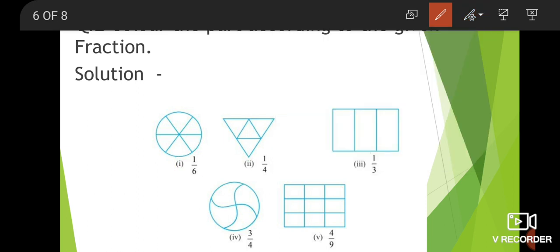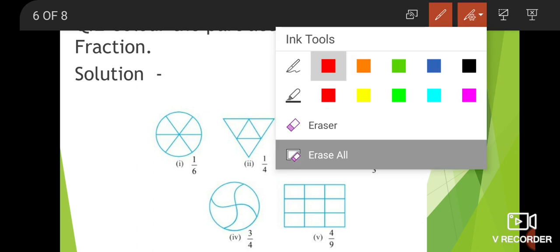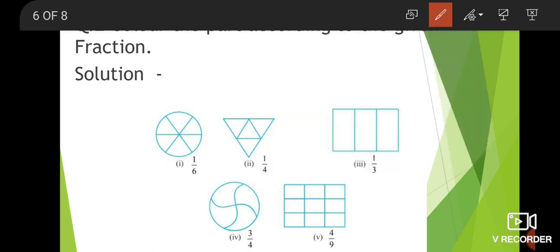So here you can see 1 upon 3. The given fraction is 1 upon 3. It means this rectangle is divided into 3 equal parts. You can see 1 2 and 3. Out of this, one part should be shaded.